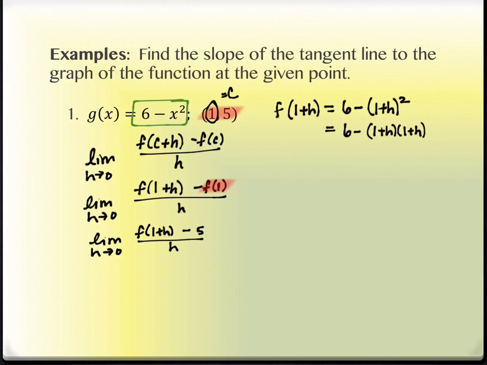Don't go squaring the pieces and think you're done. You wouldn't be. If I multiply this out, I have 1. On the inside, I have h, and on the outside, I have h. That's 2h. And on the last piece, I have h squared. And then I would distribute. So this is 6 minus 1 minus 2h minus h squared. And the 6 minus 1, of course, is 5.